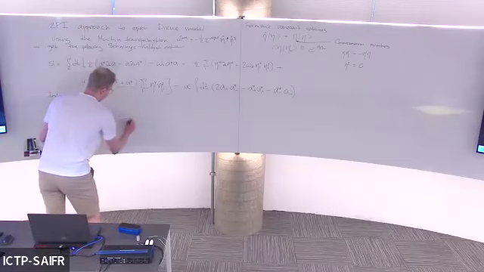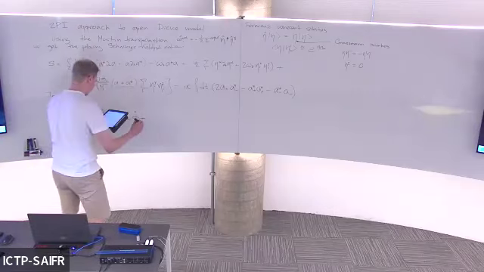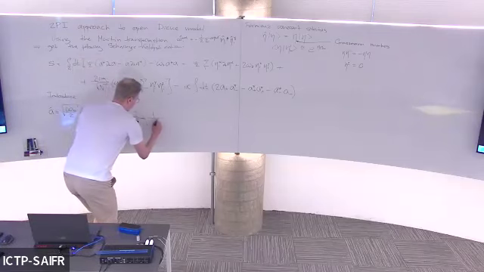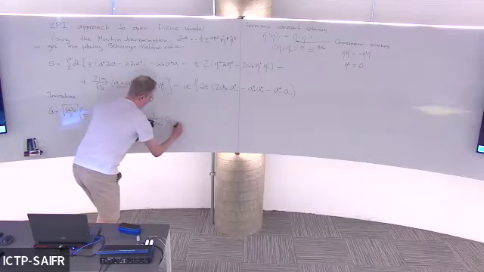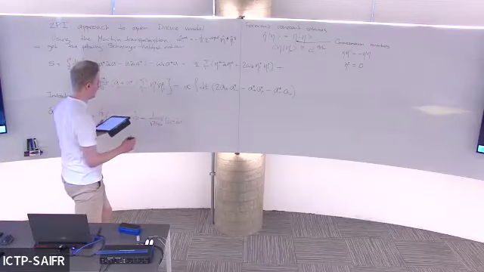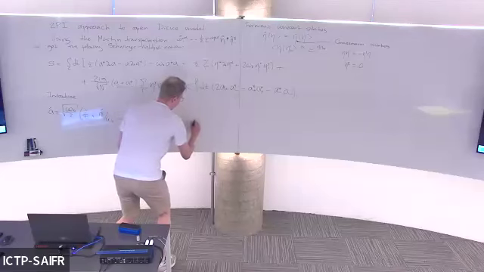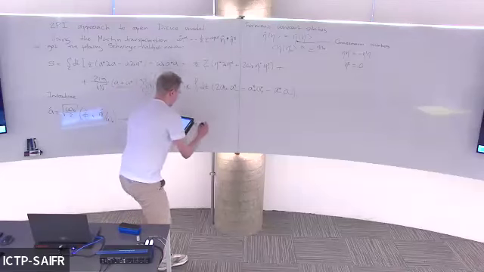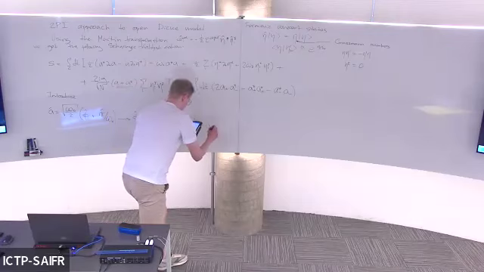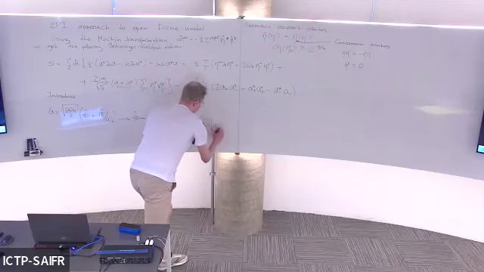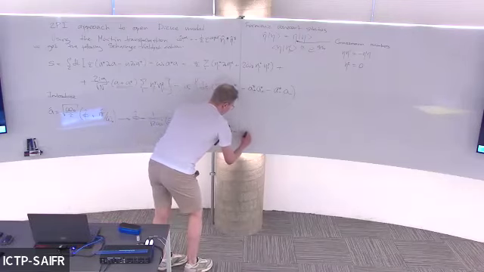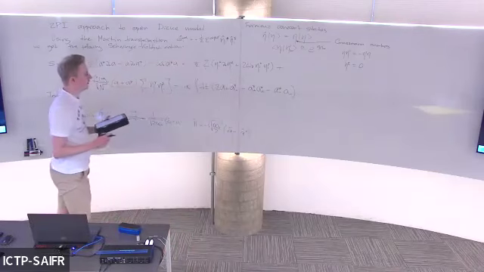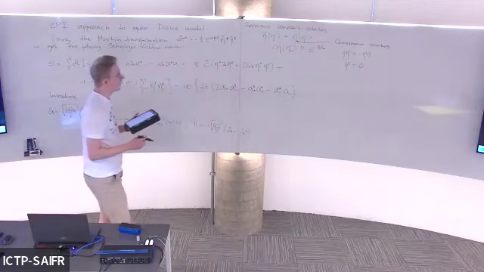And from this it follows that phi is 1/2 square root of 2 omega naught, A plus A dagger, and pi is minus i, A minus A dagger.